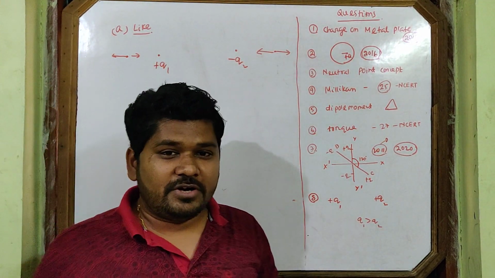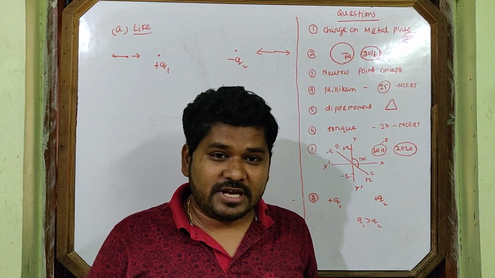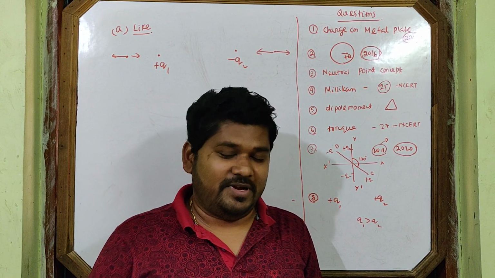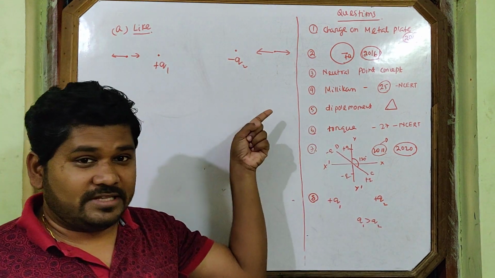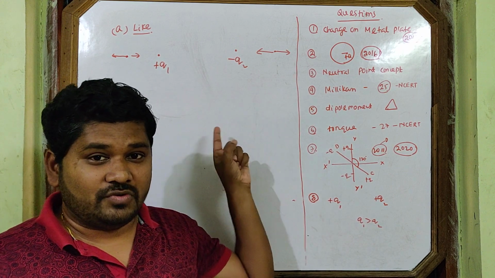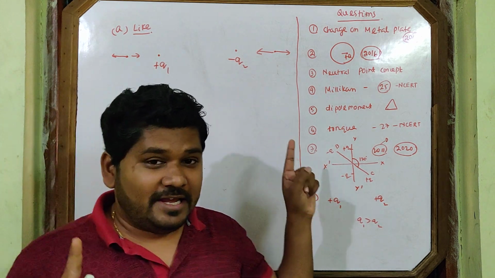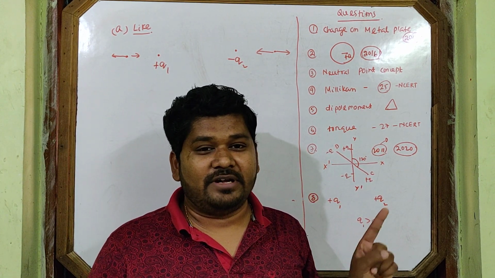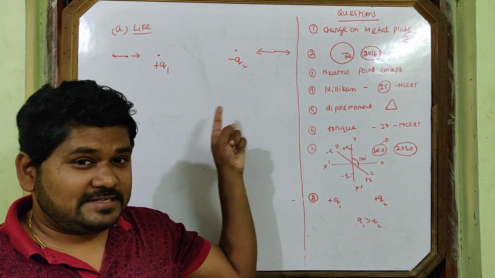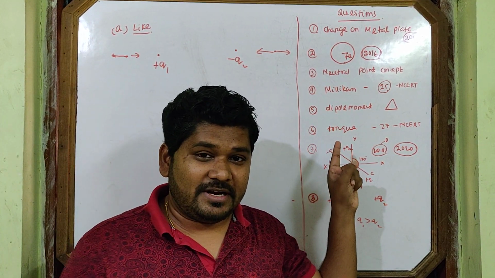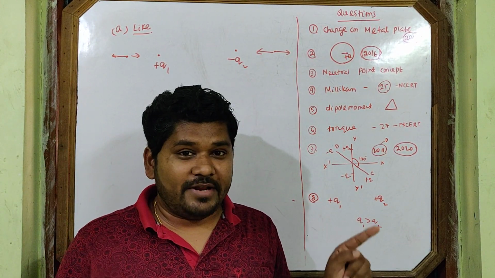So the neutral point may lie on either side, but not both. Directions may be opposite on both sides, but the magnitude is never the same on both sides. The neutral point will lie on either this side or this side, not both.